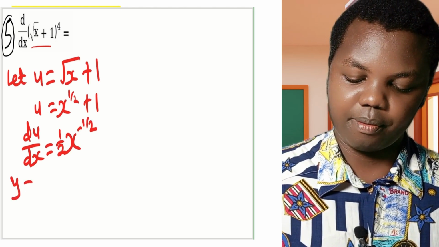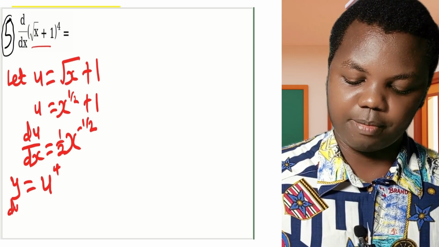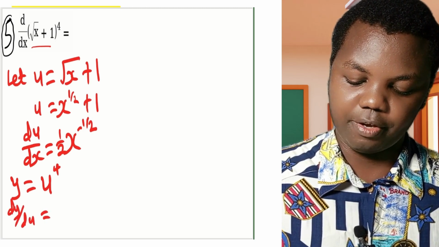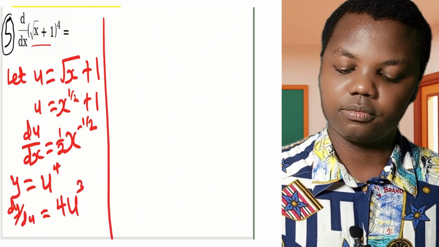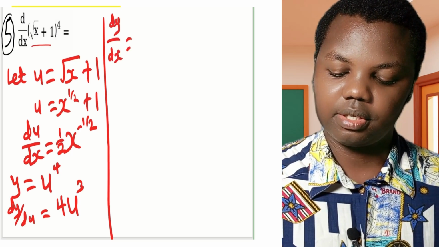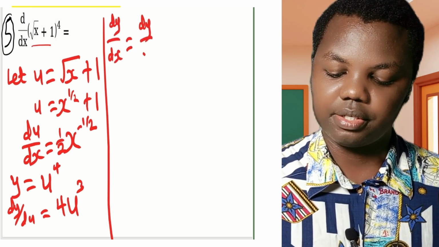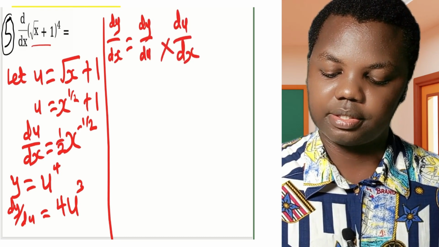So my y becomes u to the power of 4, so that my dy/du will be 4u to the power of 3. So don't forget the rule says dy/dx equals dy/du multiplied by du/dx.